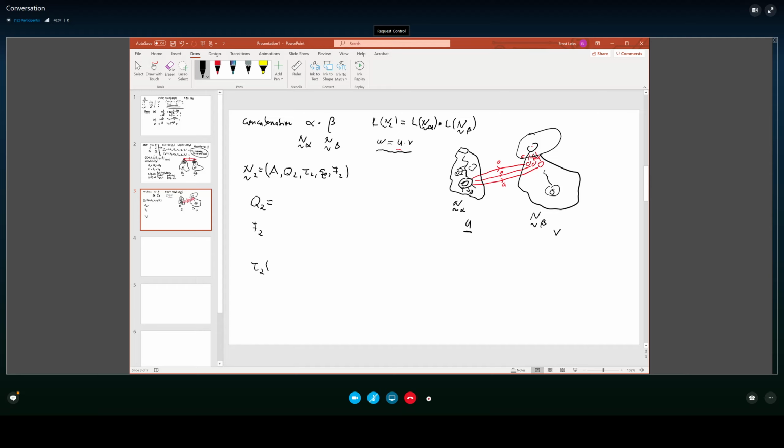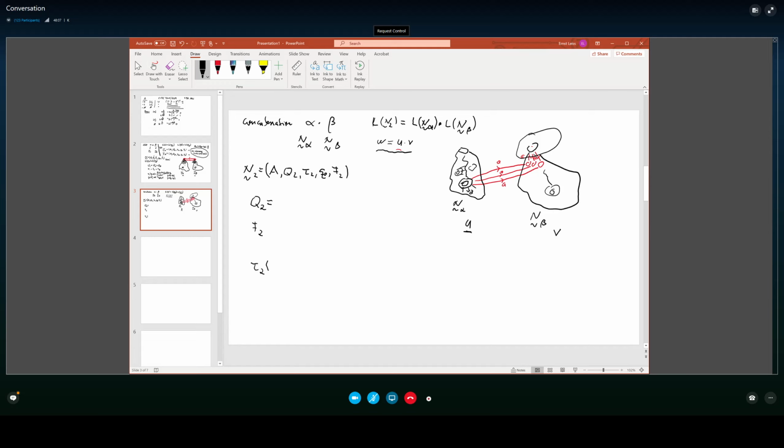No, V will presumably start with a letter. So the letter would be A, which gets you from the initial state of the second automaton to some state. And so instead of doing that, we're adding all the transitions from the initial state to all the final states in the first automaton.